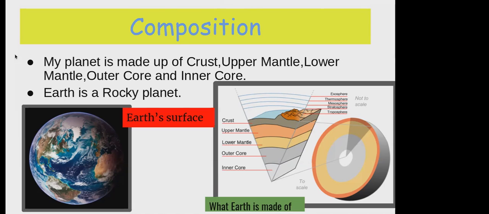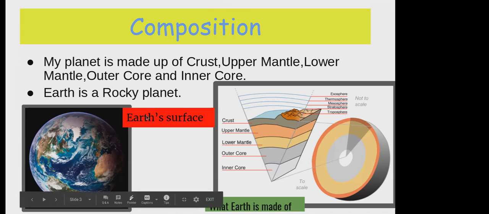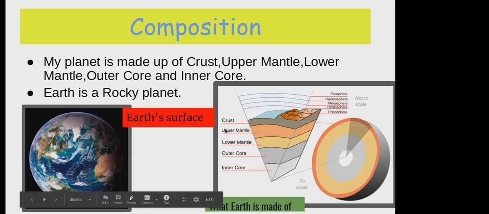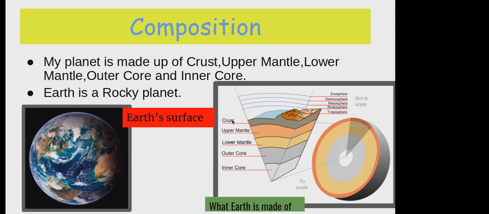Okay. This slide is about the Earth's surface and stuff like that. So my planet is made up of a crust, upper mantle, lower mantle, outer core, and inner core. This is all the crust, and that's the upper mantle and lower mantle.